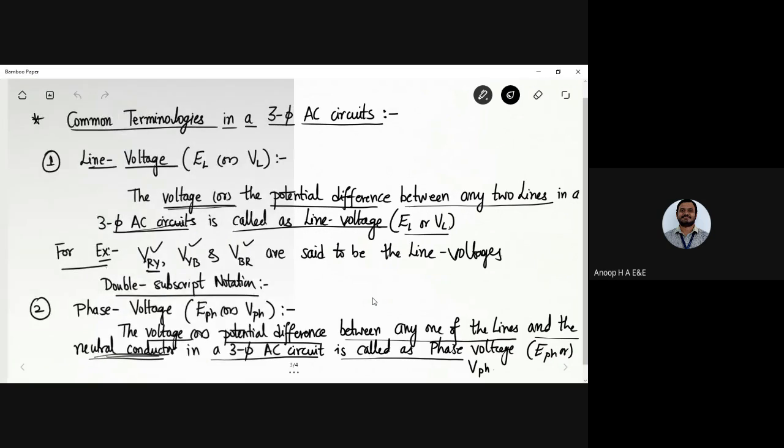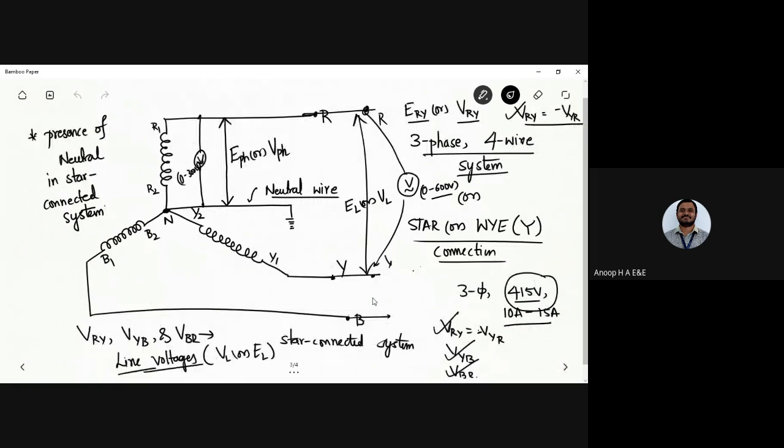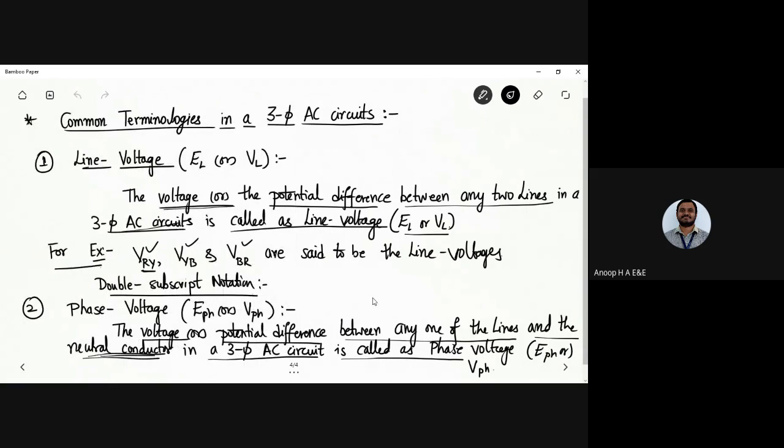Now, here you are going to have VRN, next VYN, next VBN. All these three voltages are said to be the phase voltages, EPH or VPH.